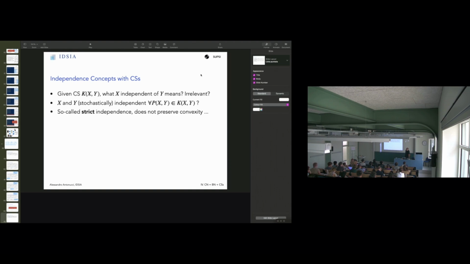I will say that the most natural one, what I'm doing here, is very naive. It's a kind of sensitivity analysis, a kind of perturbation. Instead of a single distribution, I have a set of distributions. So the most obvious option would be just to say that independence means independence on each point of the credal set.